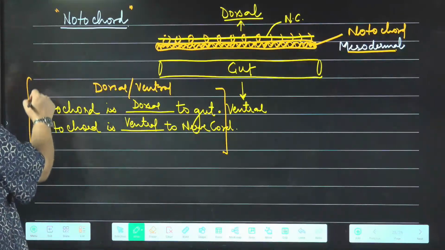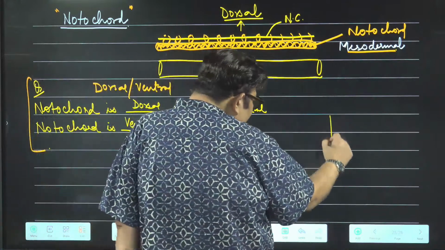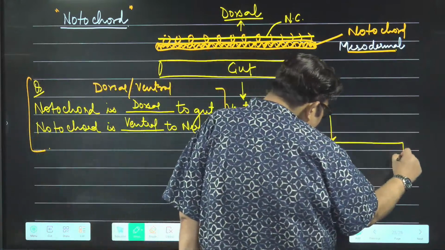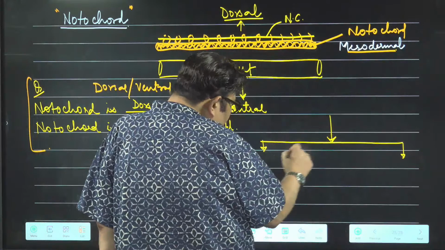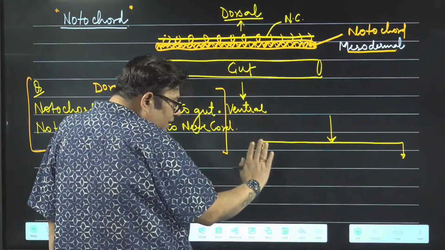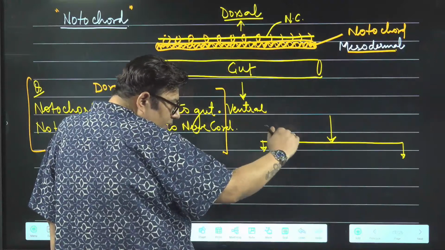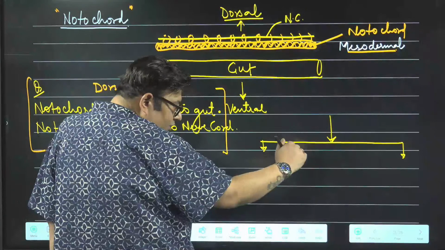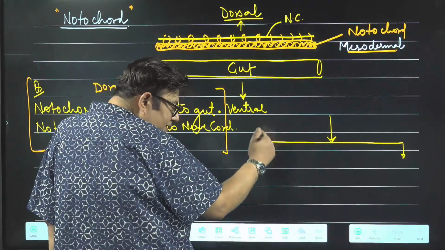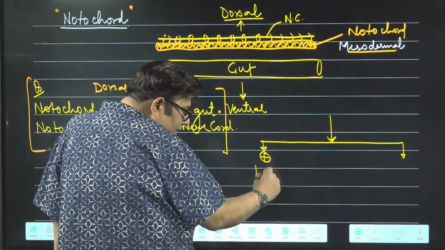This is another question which is important. The notochord is present, okay? If it is present for sure in the larva, so let us keep the minimum condition or qualification for having a notochord, that the notochord is present in the larva.